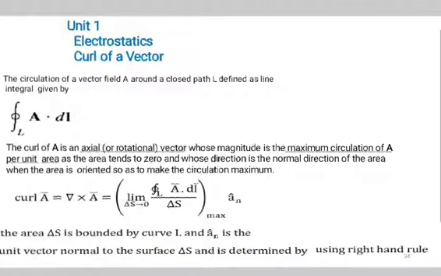So if we consider f bar of (x, y, z) to be a vector point function, when it is operated on vectorially by the operator del, we get a vector quantity which is known as the curl of the vector point function. Consider f bar as f1 ax bar plus f2 ay bar plus f3 az bar.